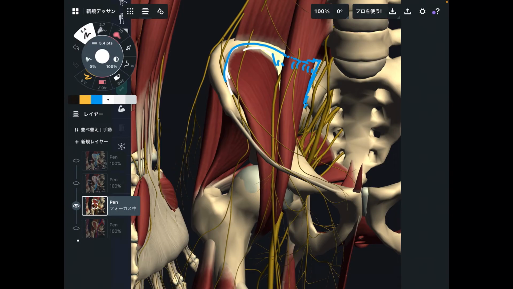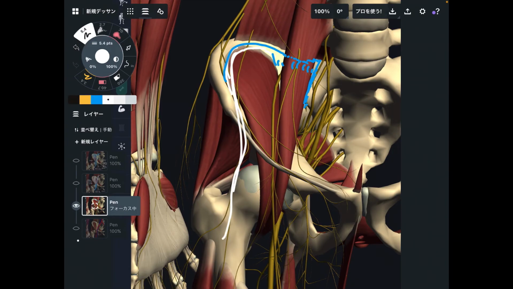Actually, iliacus has a relationship with many nervous tissues, particularly around the lumbar plexus. What is the lumbar plexus? The lumbar plexus is a bundle of nerves that emerge from the lumbar spine. They go to core muscles, they go to the genital area, they go to the anterior thigh and medial thigh.